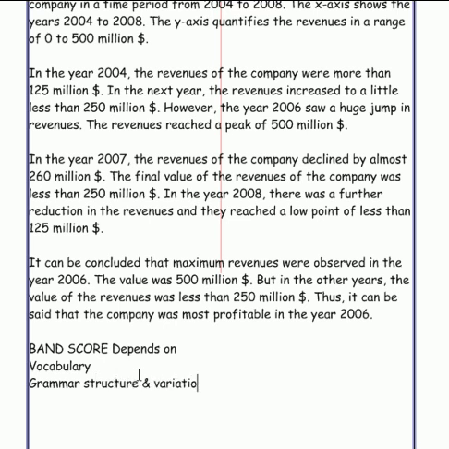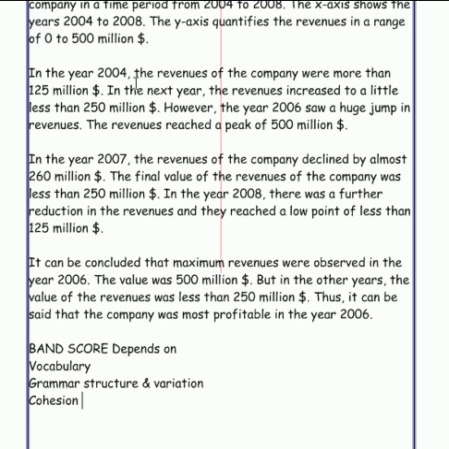and variation. You do not have to use a simple kind of sentence every time you write something. There has to be a lot of variety and your grammar should be correct. Then you have to talk about sentences that go in an order. Here you can see not even one sentence is out of order. Each sentence should be linked to the next sentence because each piece of information has its own place.